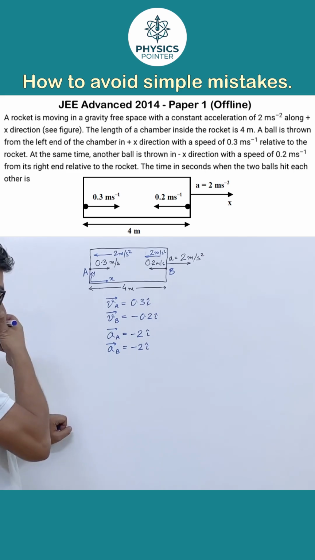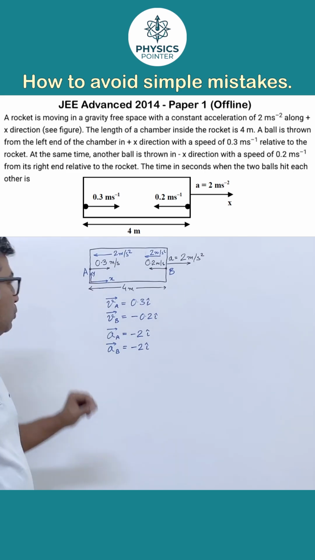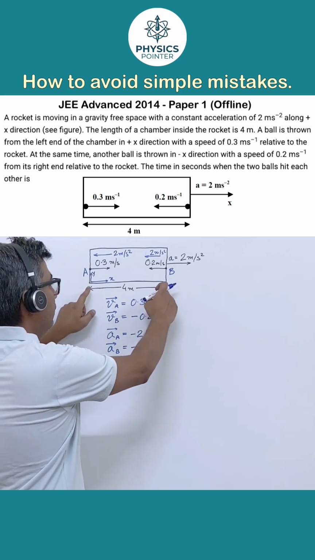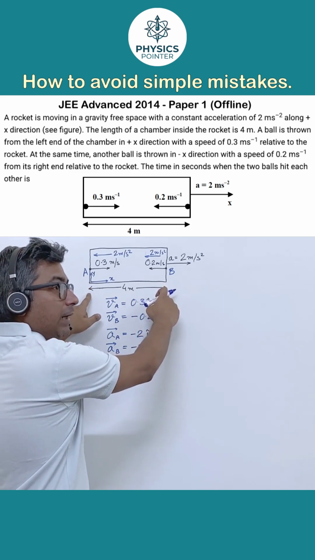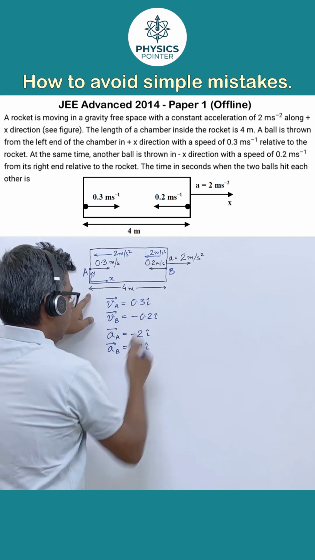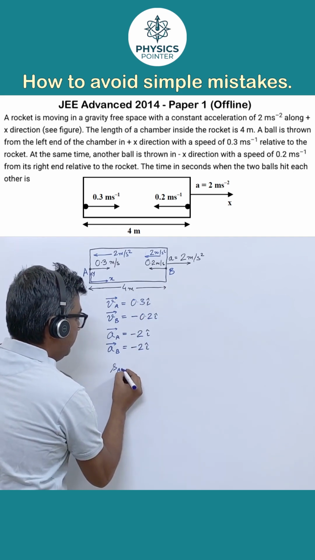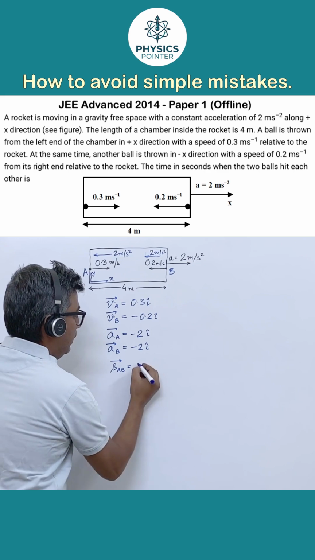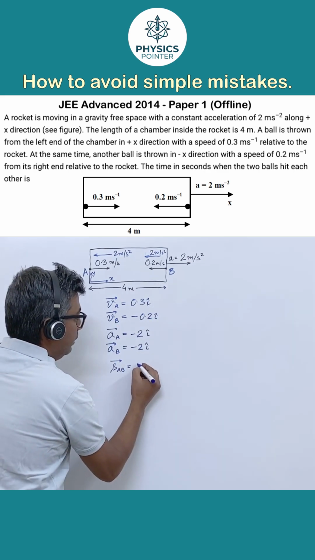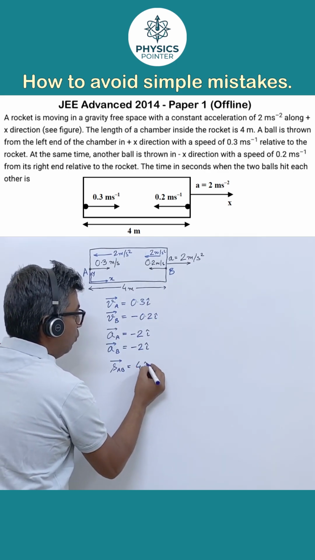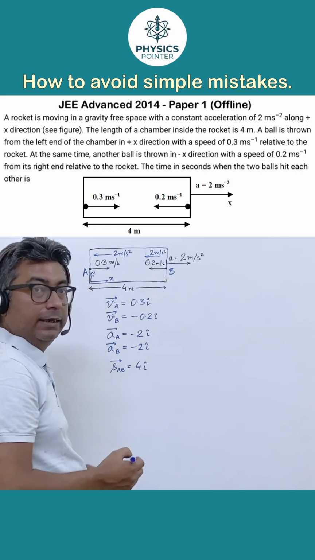To solve these kinds of problems, we take the relative distance between them, that means the displacement it needs to cover. So I can say SAB, the vector from A to B, is positive 4i if I go from this to this direction.